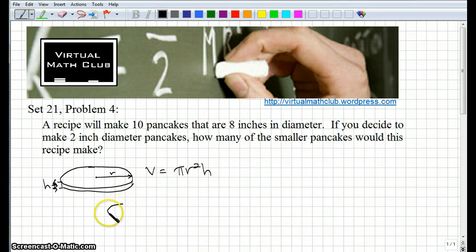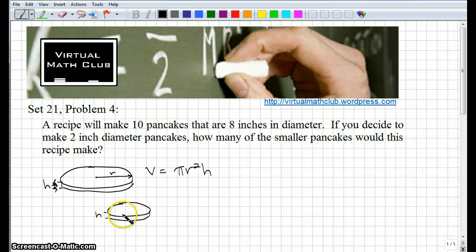And then we make smaller pancakes, but we're going to assume that these pancakes are really the same thickness. That's one of the assumptions we'll make. If you make pancakes, you probably notice they spread out to a certain radius and they stop, and then they puff up to a certain height, and it's not hard to imagine that the thickness of the pancakes is pretty constant regardless of the diameter.